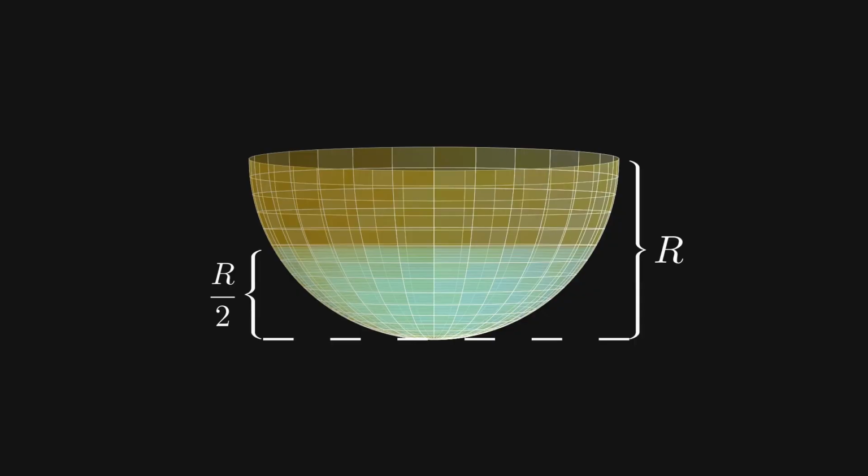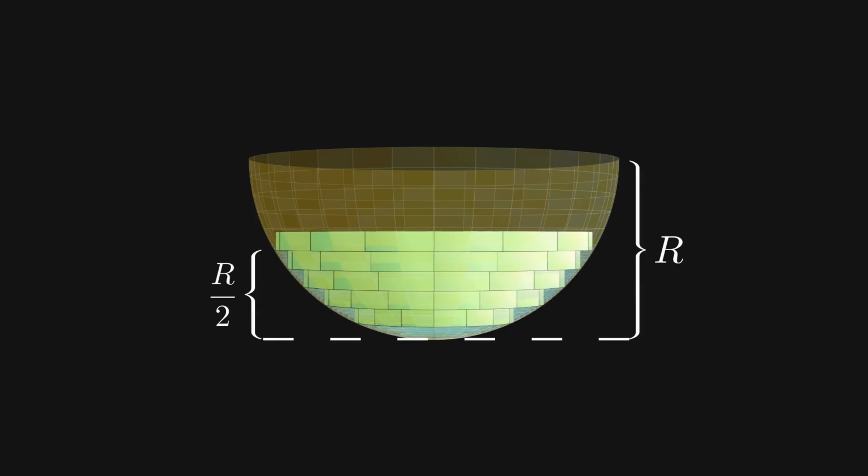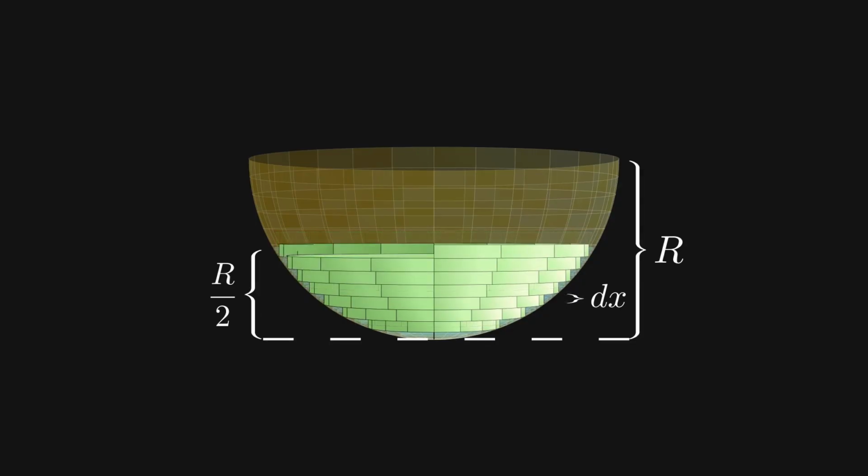So let's say we take cylinders and fill the space where the water is with smaller and smaller cylinders. As we fill the space, we can see that if each cylinder is smaller in height and there are more and more of the cylinders, then we will be able to better and better approximate the volume of the water.